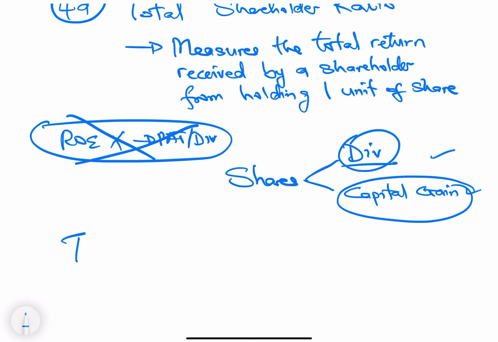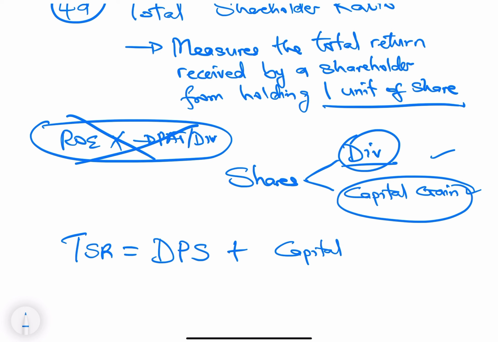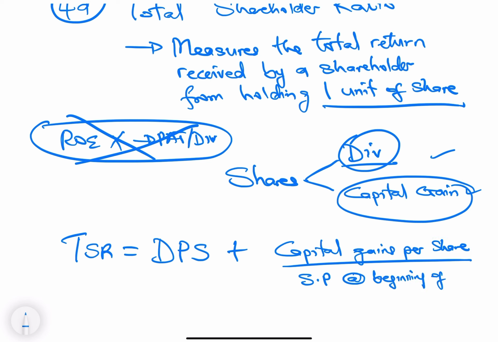And that is why the total shareholder return is calculated as the dividend per share, which is the dividend for 1 unit of share, plus the capital gain per share, divided by the share price at the beginning of the year, just to get the return per invested amount.